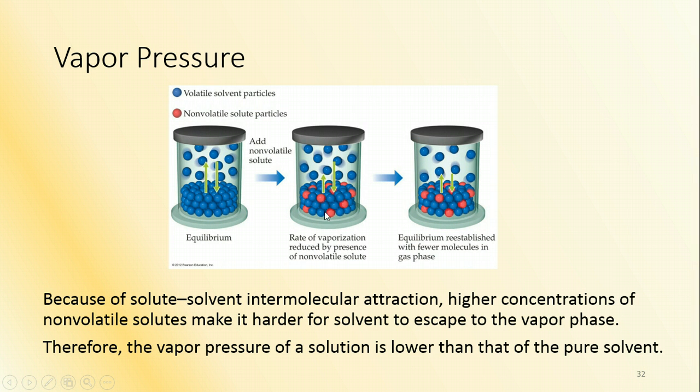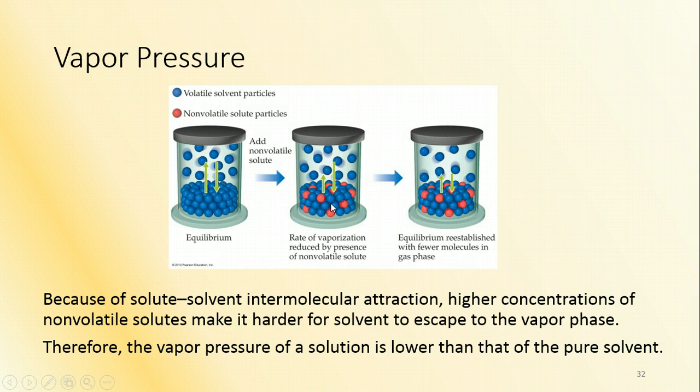The addition of these solute particles, these red particles that they have here, is going to reduce the rate at which vaporization occurs. That means fewer particles are going to be able to escape from the liquid than would if it was a pure substance. Evaporation happens along the surface of the liquid, where any particles that have a high enough kinetic energy to break free make their way into the gaseous phase, and then some reattach themselves if they come back in contact with the surface.